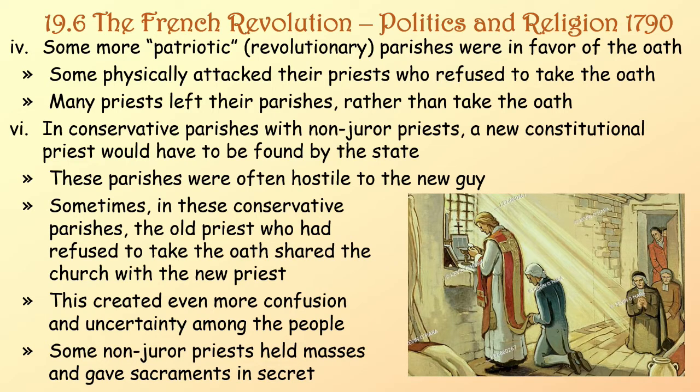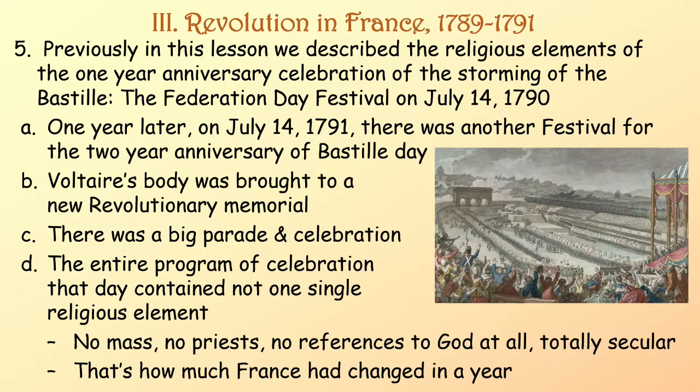Sometimes in these conservative parishes, the old priest who had refused to take the oath shared the church with the new priest. And this created even more confusion and uncertainty among the people. Some non-juror priests held masses and gave sacraments in secret.